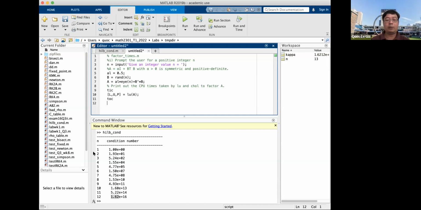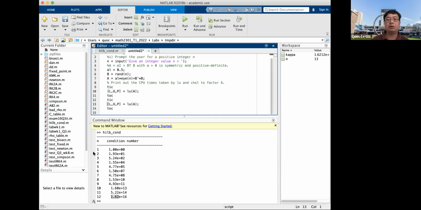Yeah, so tic and toc with Cholesky. Now for Cholesky, you don't have to give three outputs.